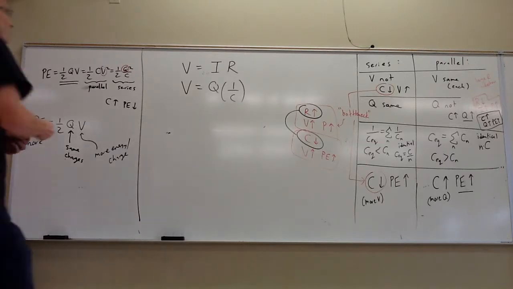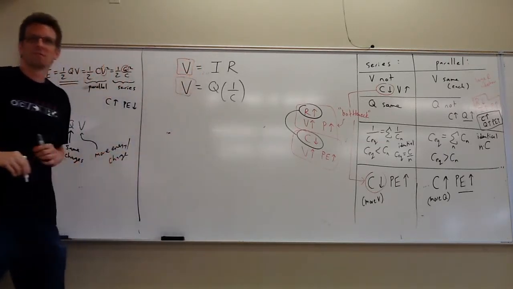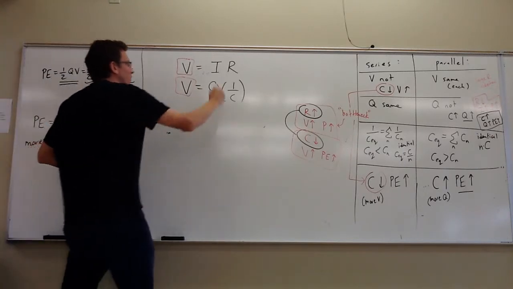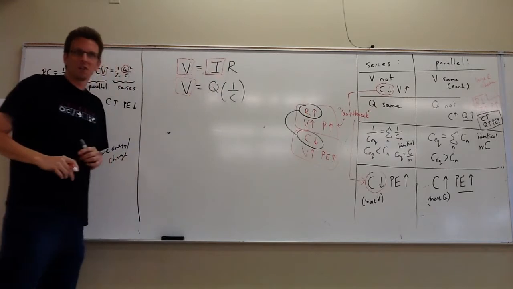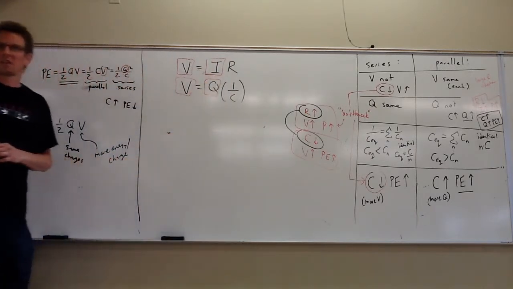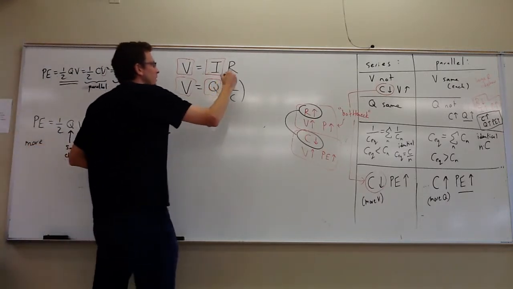Look at this. V, right? Voltage drop across them. Current, which is the charge that flows through them, and then Q, of course, is just the charge that accumulates. So we call it Q instead of I, right? Look at the rest of it.